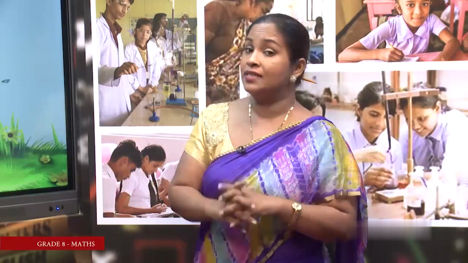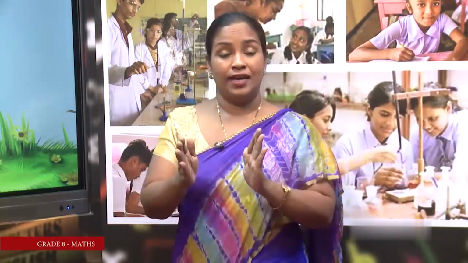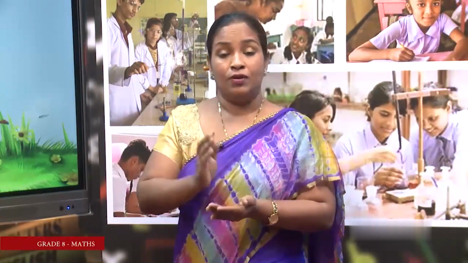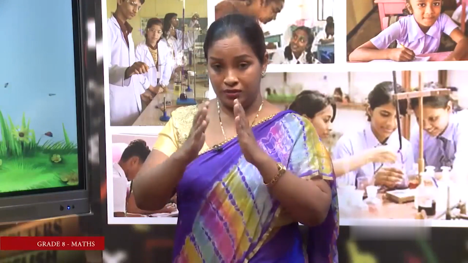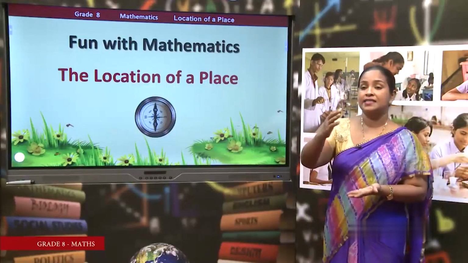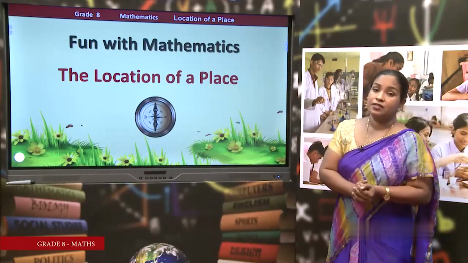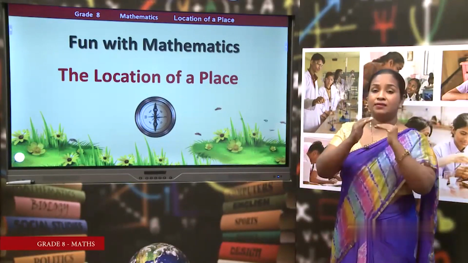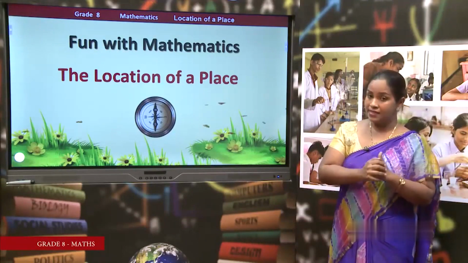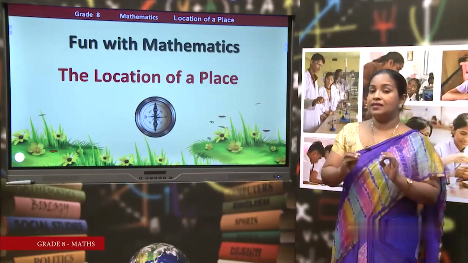So, it was exactly half of earlier, it was 45 degrees. Then we discussed the location. For the location, we should show the direction and we should tell how far it is, the distance. So, we locate the place with direction and distance. So, these are the things we learned.